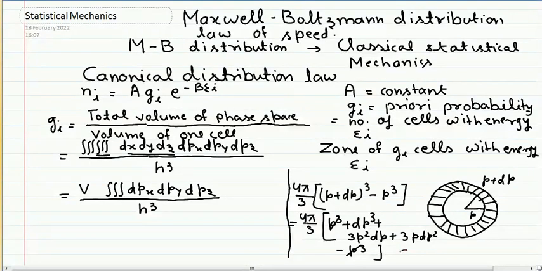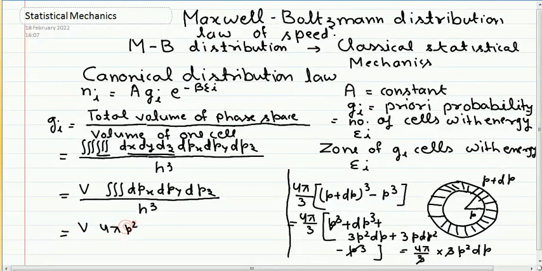So we are left with 4 pi by 3 into 3P square dP. The 3 and 3 also get cancelled, and then we have 4 pi P square dP. So the value of this integration is V into 4 pi P square dP upon h cube.